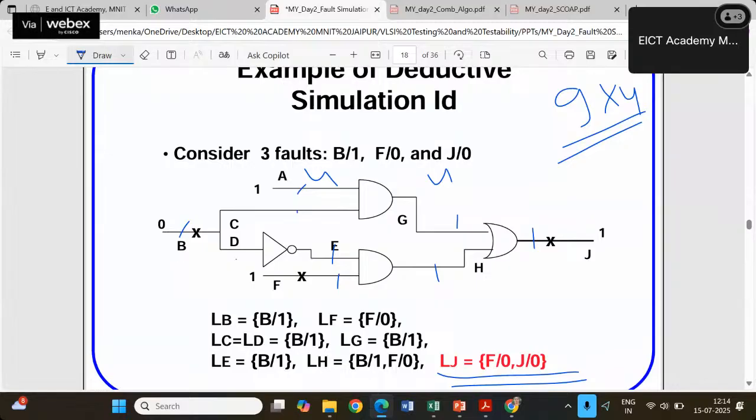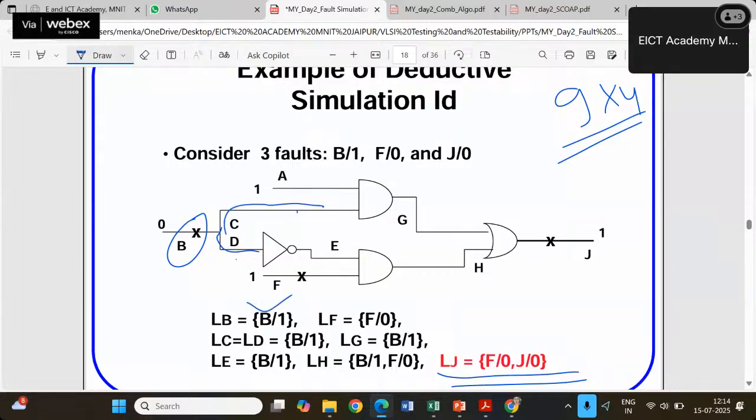In this case, what we are going to happen, I do not require anything for A because there was no fault at A, right? I just require one bit space for this because only one fault, one bit space for this, one bit space for this because only one.